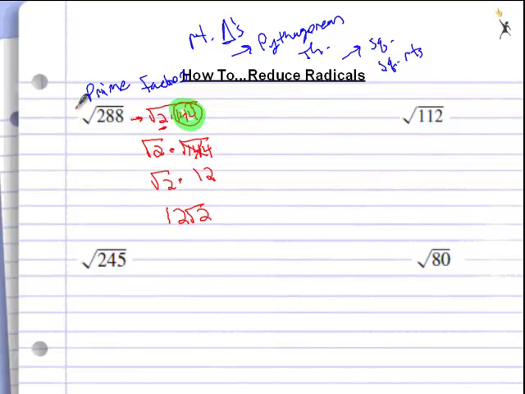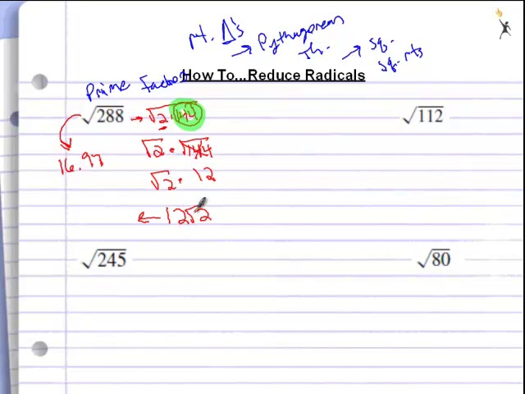Now, to prove to you that we didn't change our answer, we just reduced it, I'm going to punch in my calculator what the square root of 288 is. And you can do the same thing just to double check my work. The square root of 288 is 16.97, and that's rounding to the hundredths position. Now I'm going to punch in 12 times the square root of 2 and see if my answer has changed.